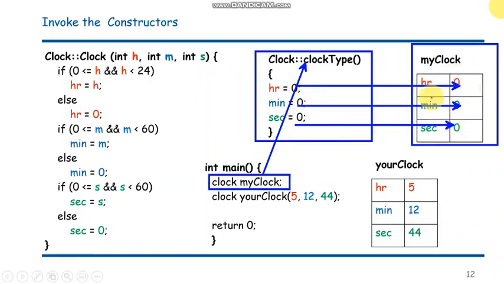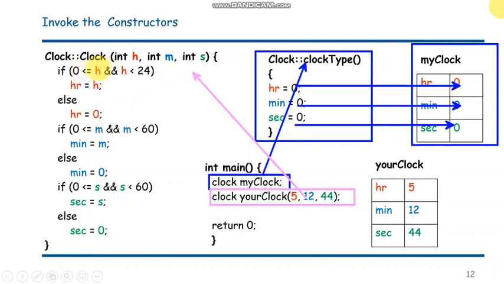Now we have starting values. Our object is now properly initialized. It now has proper starting values. On the other hand, we have the constructor with parameters. The moment we supply 5, 12, and 44, those are passed to the constructor with parameters.